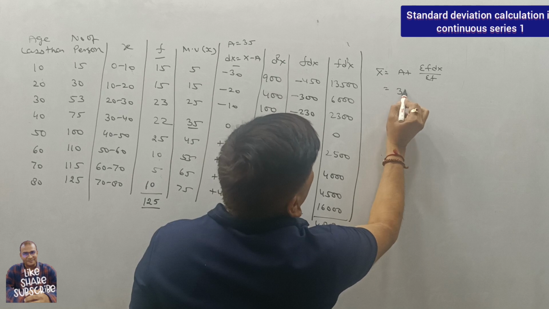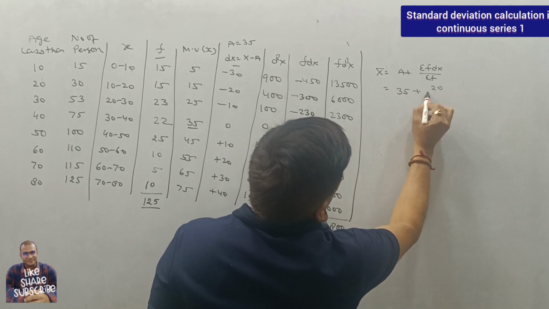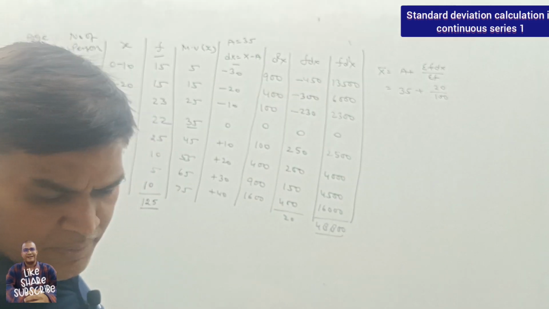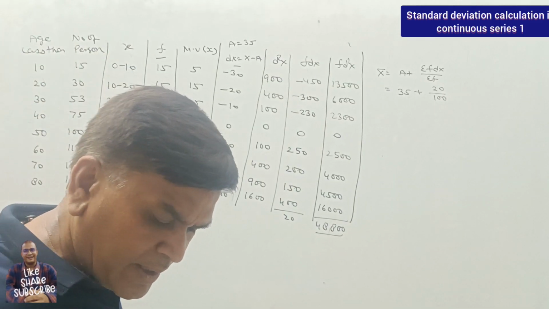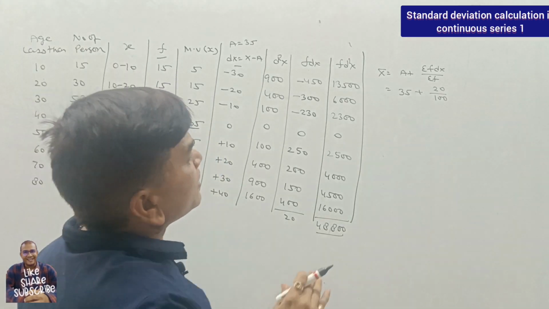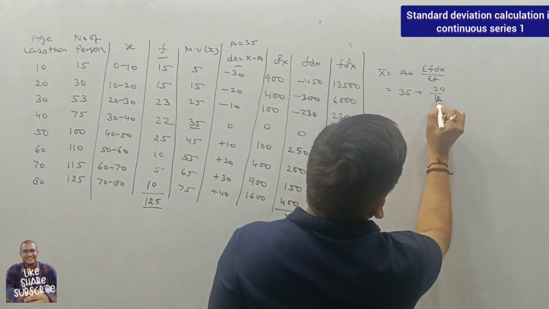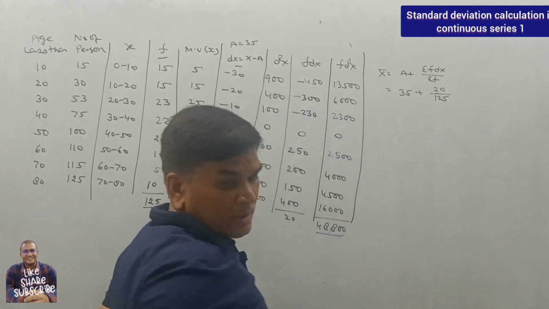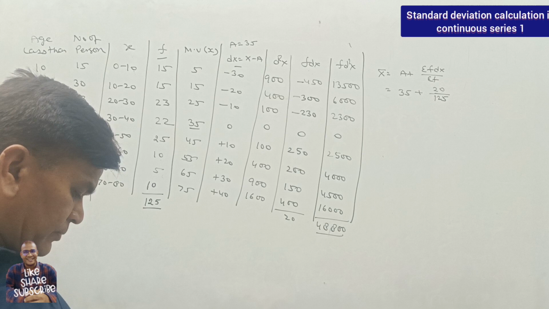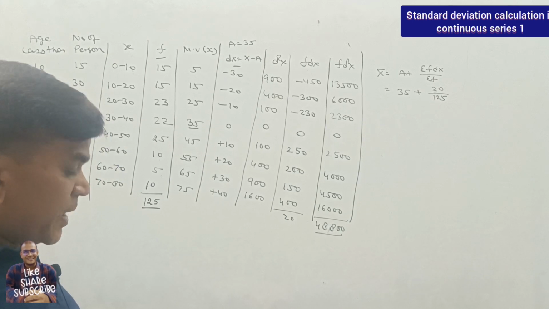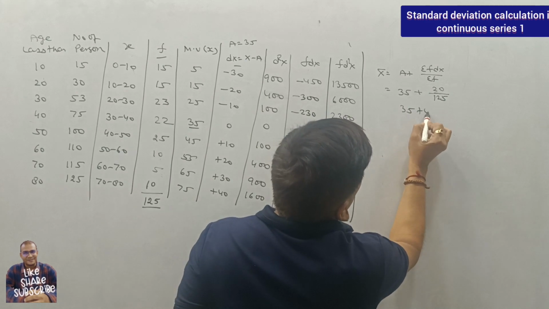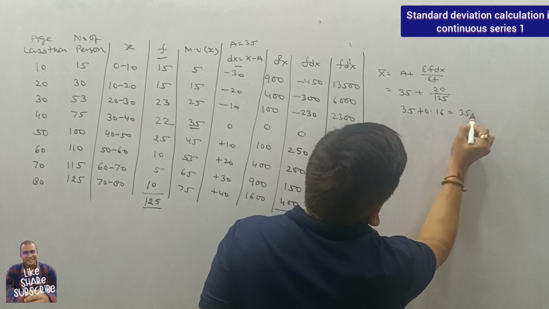So the assumed mean is 35 plus 20 divided by 100, not 100, 125. So 20 divided by 125 is 0.16, and 35 plus 0.16 is 35.16.